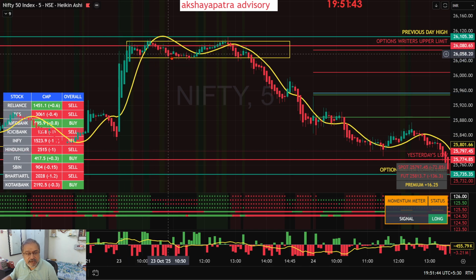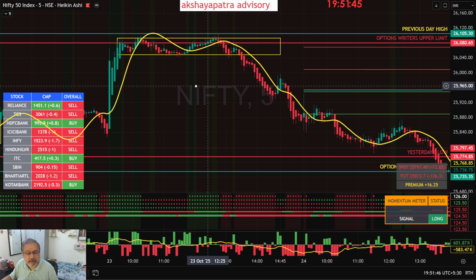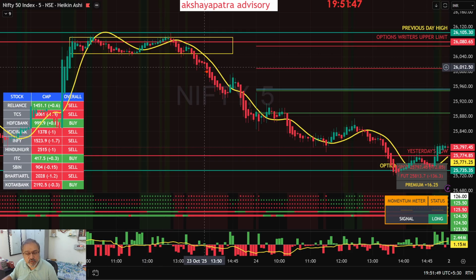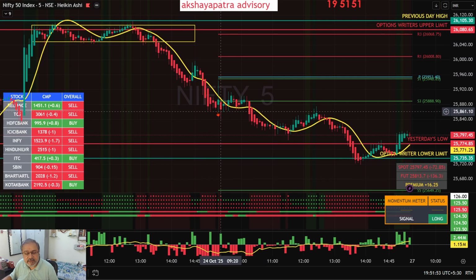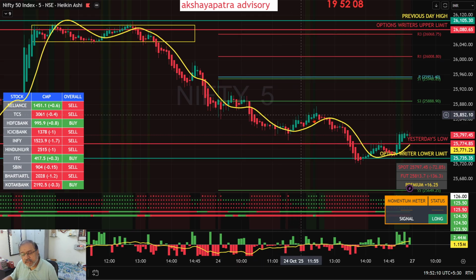Once the candles come below the yellow line, you can see the trend is moving downwards. So along with the Heikin-Ashi candles and this yellow line, one is able to clearly position where the Nifty is moving. If the candles go below, then the momentum is on the downward or bearish side, and if the candles are above the yellow line, then it is a bullish status.